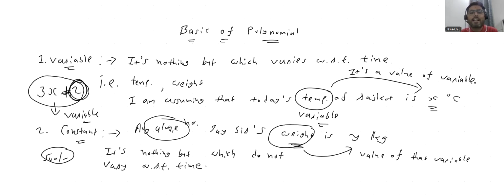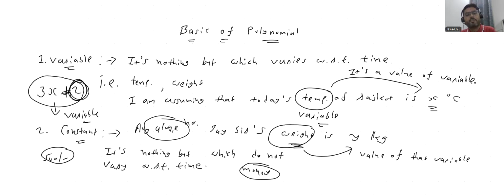And also constant, it's exactly opposite to the previous one, right? Constant is nothing but which does not vary with respect to time. And for better understanding, I've already given you real time examples. Money, right? My birthday's example. Remember that point in your mind for long lasting memory.